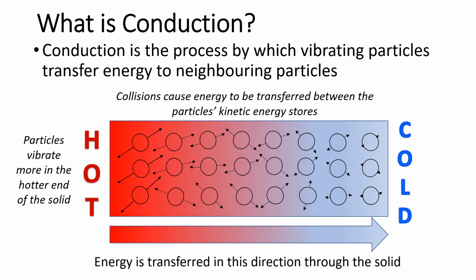However, you can see the longer arrows at the hotter end of the solid show the particles are vibrating much more. Now, when those particles vibrate, they collide with neighbouring particles. And it's these collisions that cause energy to be transferred between the particles' kinetic energy stores. And it's this that causes energy to be transferred from the hot end of the solid to the cooler end of the solid.